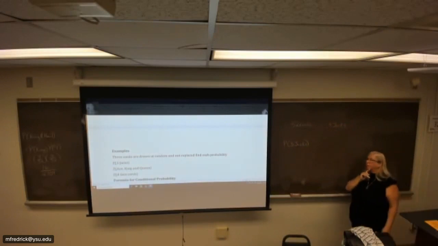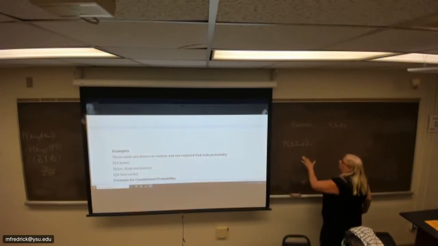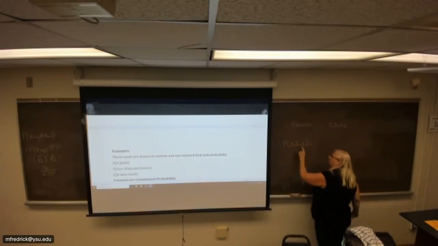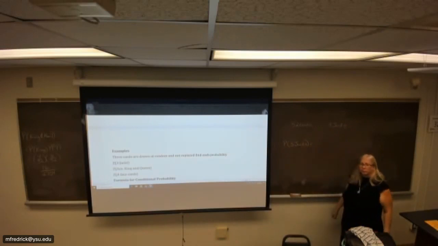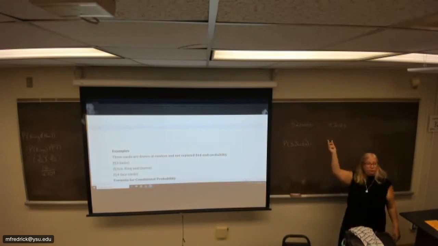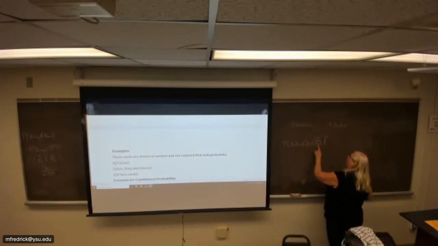Right? Now we're pulling a card, we are not putting it back. What's the probability the first one's a jack? 4 out of the 52? No, we pulled a jack, so there's only 3.